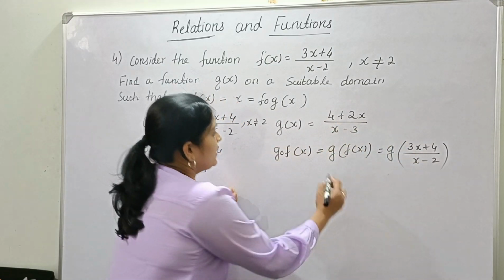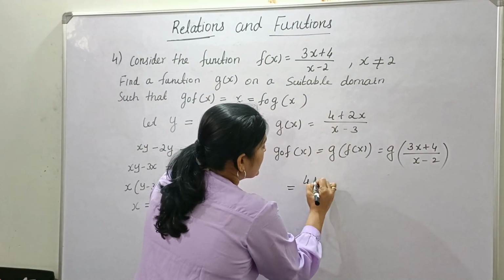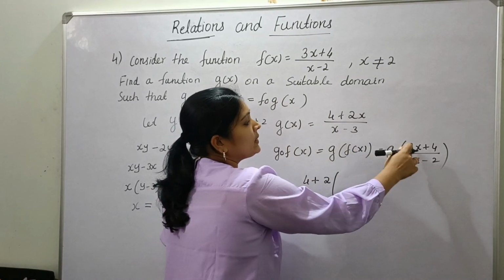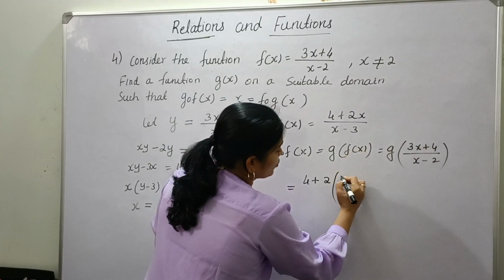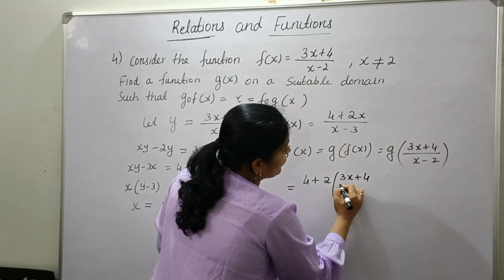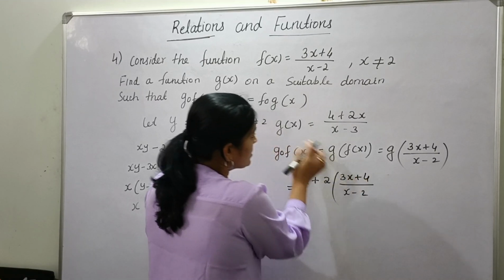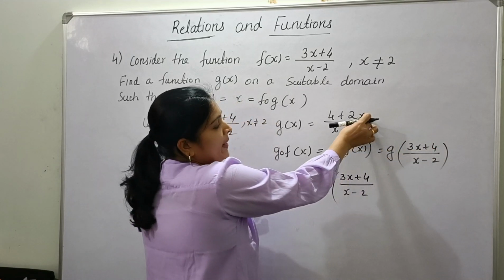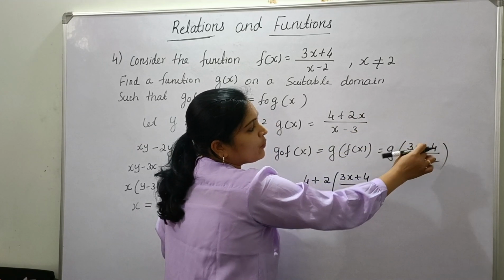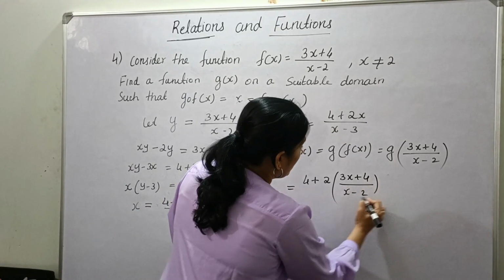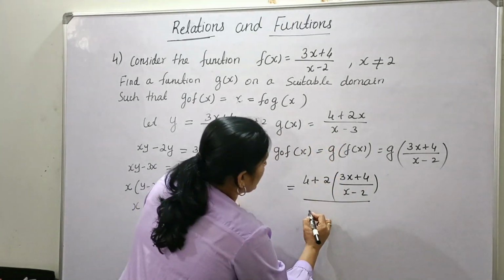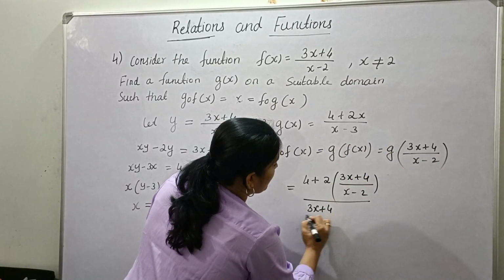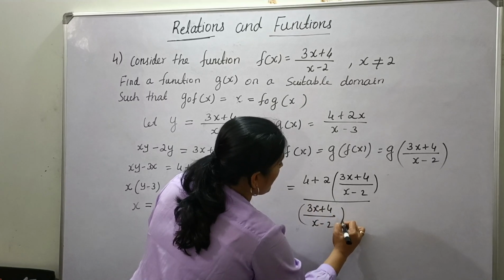That is equal to 4 plus 2 into 3x plus 4 divided by x minus 2, because our g of x is this one, divided by, here x minus 3. What is x? x is this one, 3x plus 4 divided by x minus 2, minus 3.